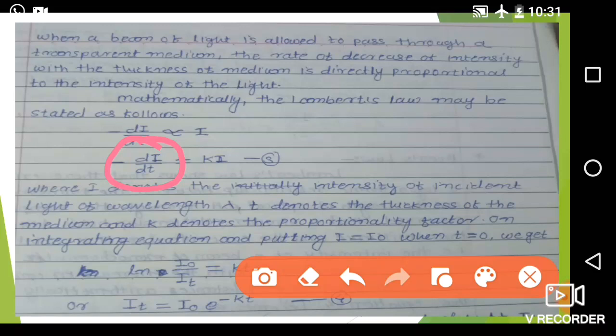By removing the proportionality sign we get minus dI by dt is equal to kI, where k is the proportionality constant.